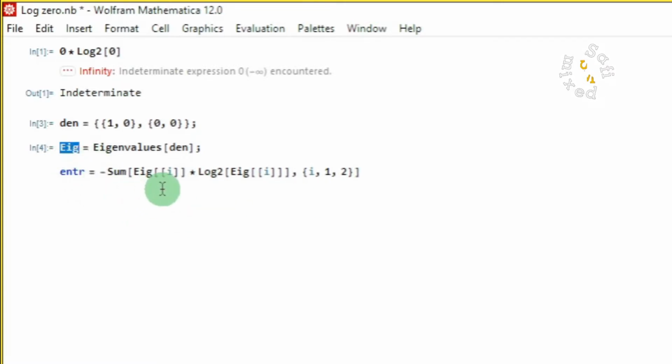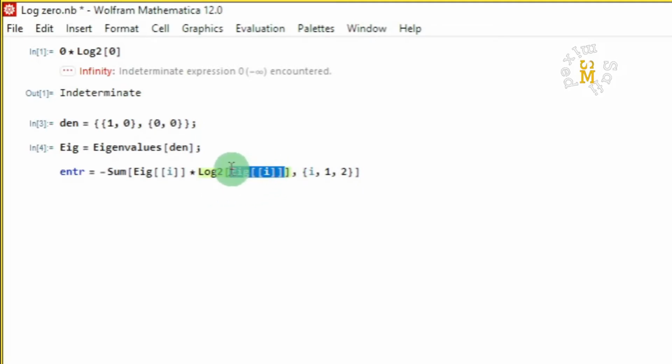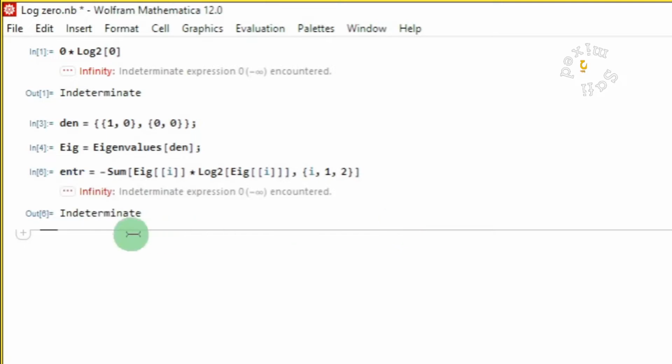So I sum this result over the two eigenvalues at this position, like 1 and 2, and inside the argument of the log function I put again the extraction command for eig. So if I run this, it will give me an indeterminate result.